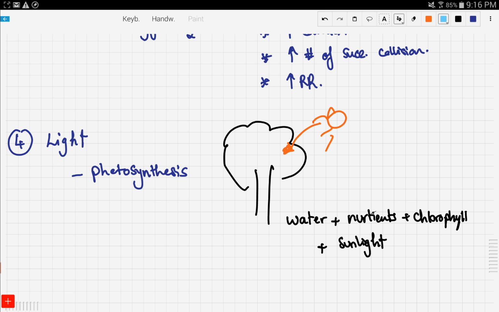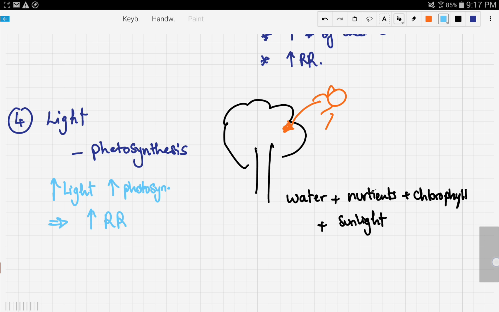So there is a reaction going more in the sun in summertime because there is more sun, obviously. So that means photosynthesis is affected by light. So the more light available, more photosynthesis, and therefore the rate of the reaction is faster.